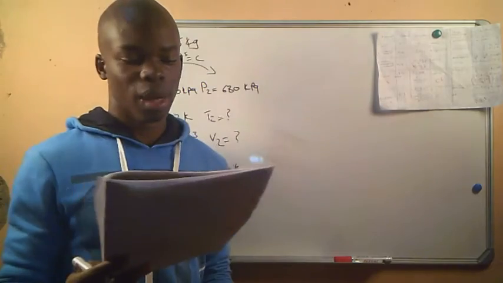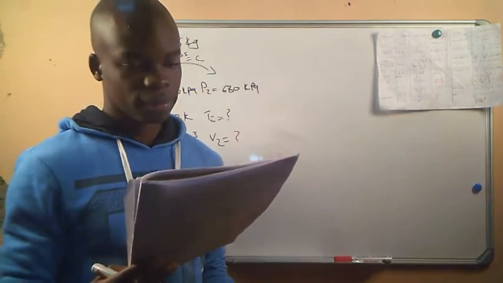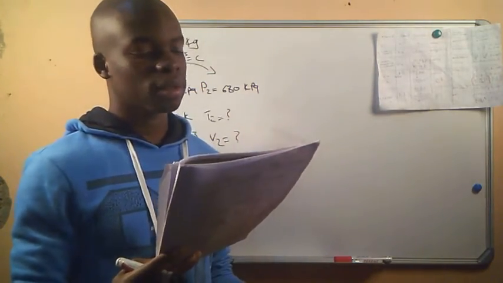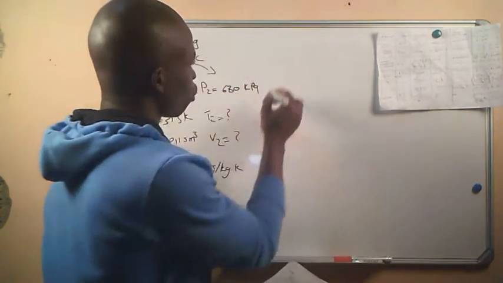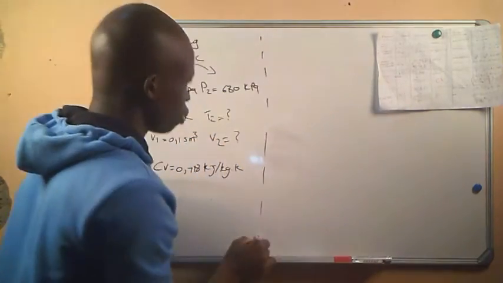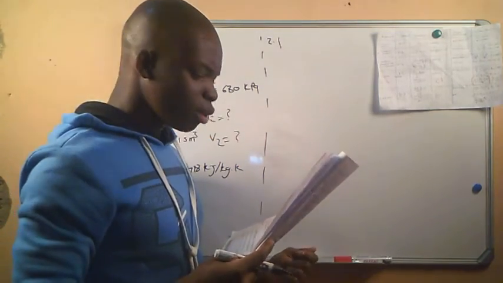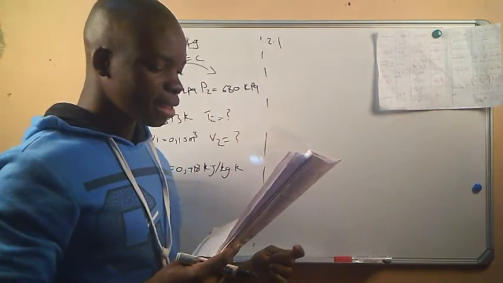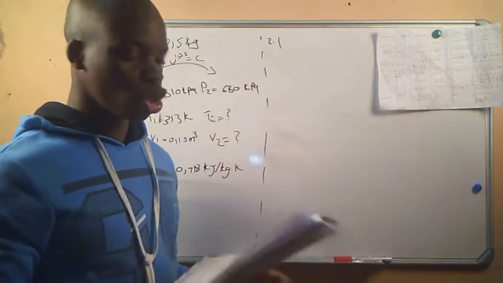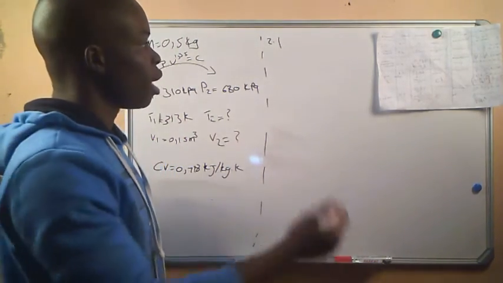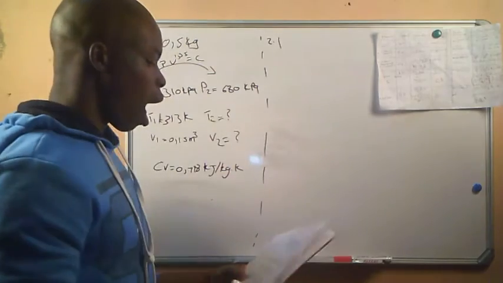So let's see what they are looking for. Calculate question number 1, that's 2.1. Calculate the gas characteristic constant in kilojoules per kg Kelvin. What we are looking for is our R.